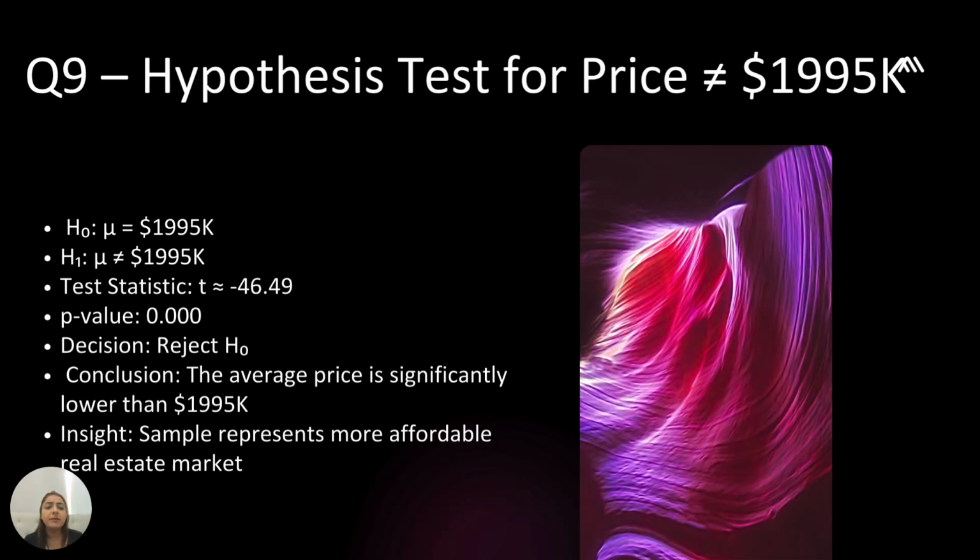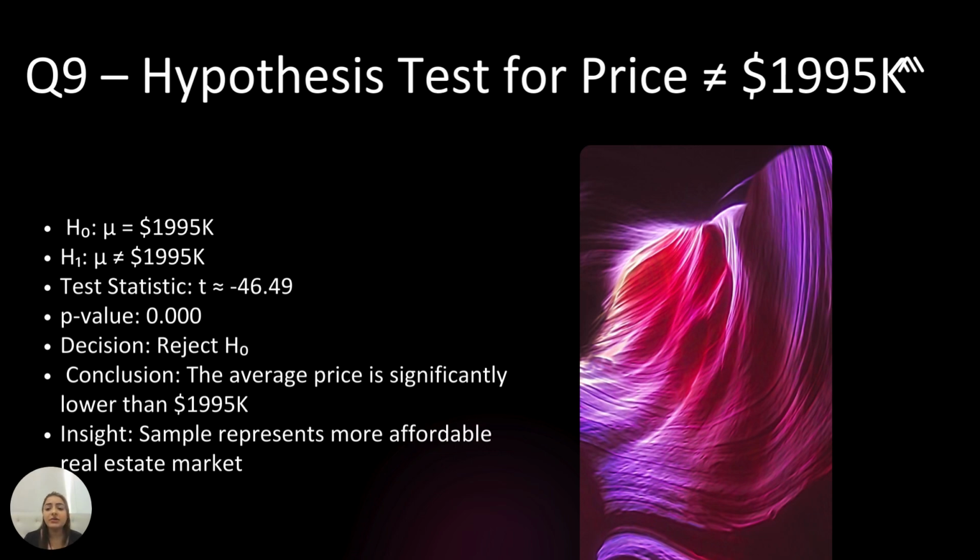Coming up to question number 9, it's the hypothesis test for the price, which is not equal to $1,995,000. Next, we did a hypothesis test to check if the average price was different from $1,995,000. The null hypothesis was $1,995,000. Our sample mean was $642,880 again. The test statistic was 46.49.